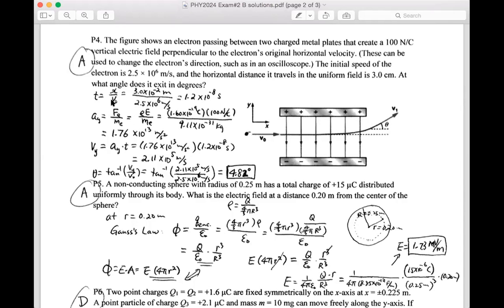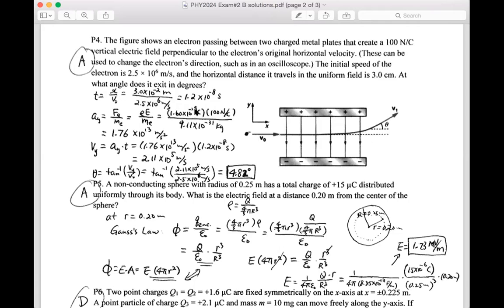So you'll be calculating t first, which will be equal to the horizontal distance divided by the horizontal velocity, okay? The initial velocity, that gives you the time it takes to go through this region. Then acceleration in this region will be equal to the electric force divided by the mass of the charged particle, which is an electron.